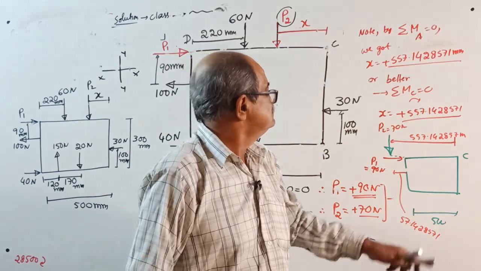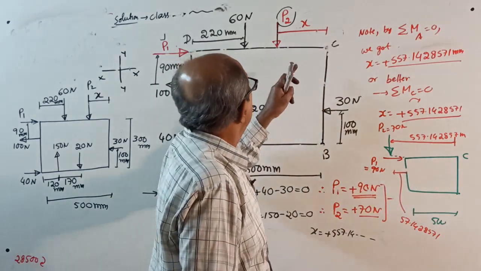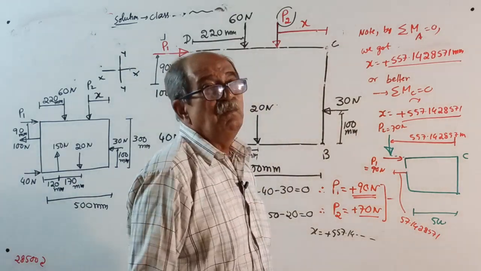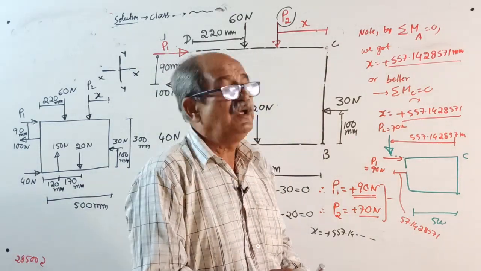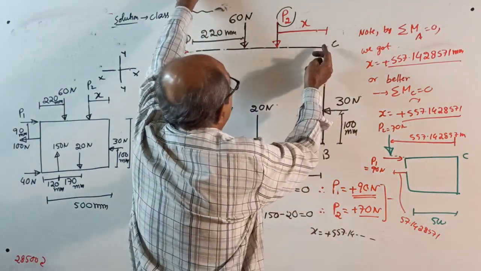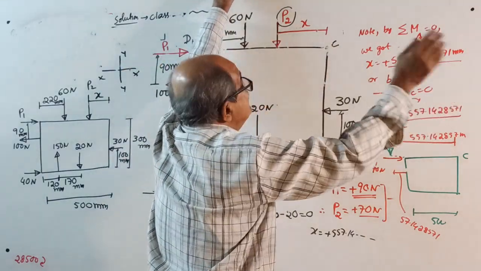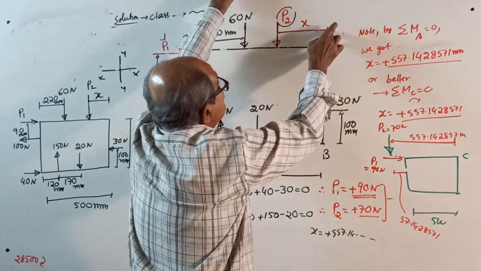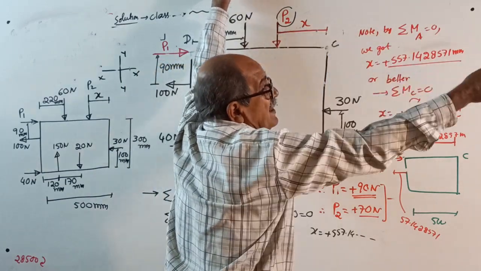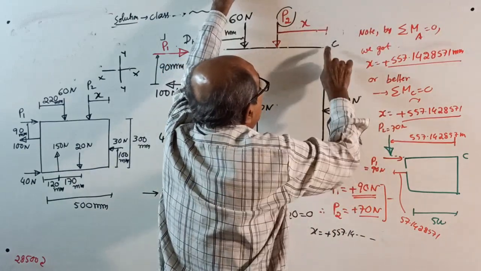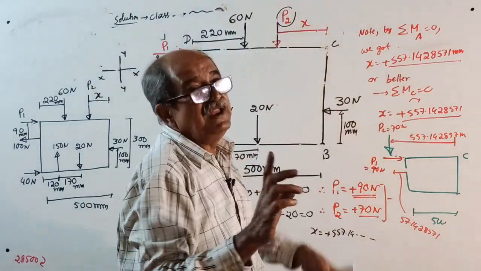That is the answer. If you got by chance less than 500, correct, P2 will be between C and D. By chance you got negative, make a note. If X came negative, then that P2 should not be on the left side, it should be on the other side. Write P2 somewhere there and to that distance X without sign.